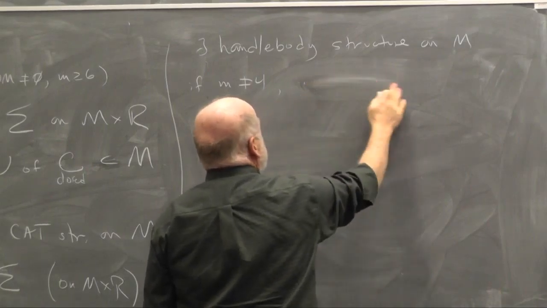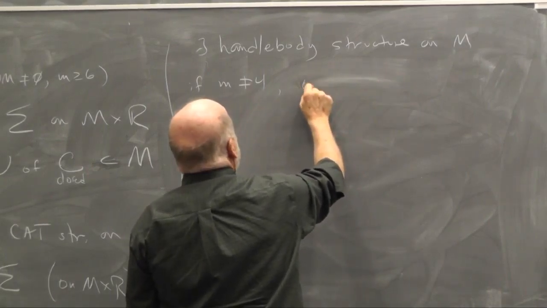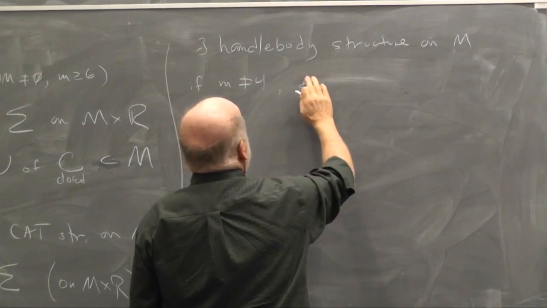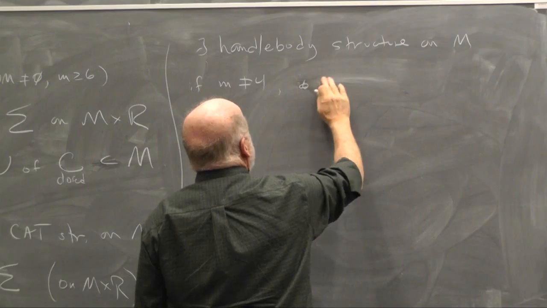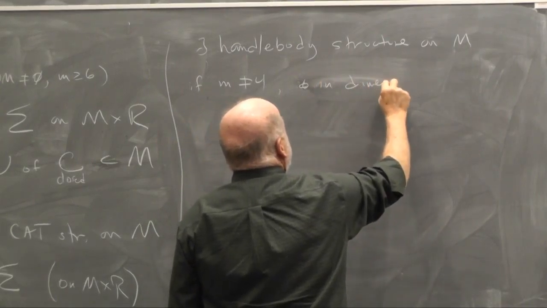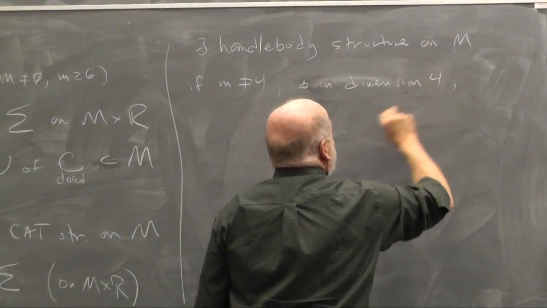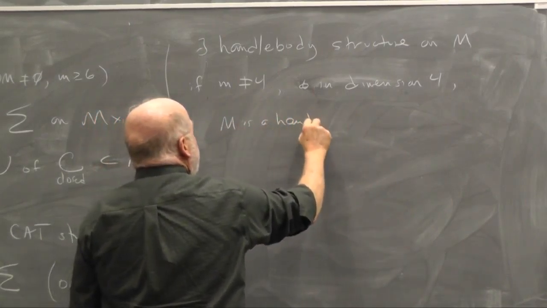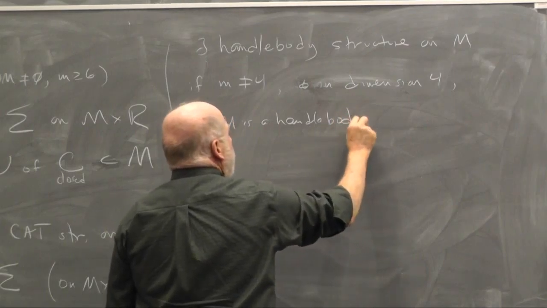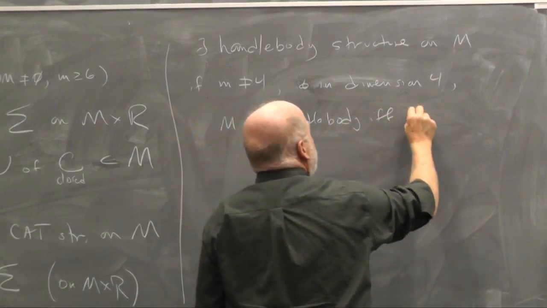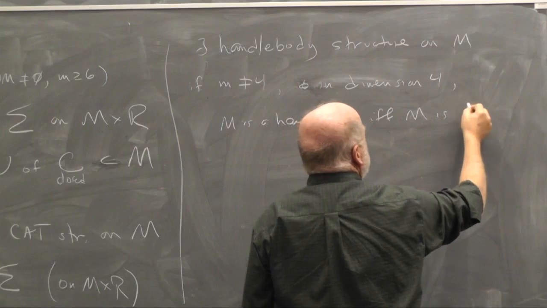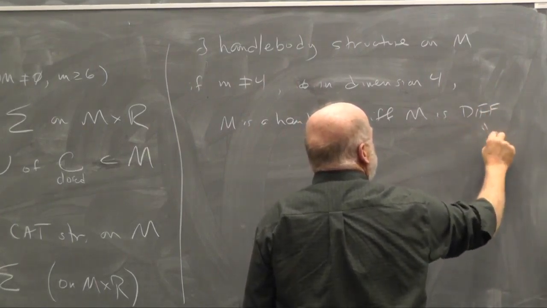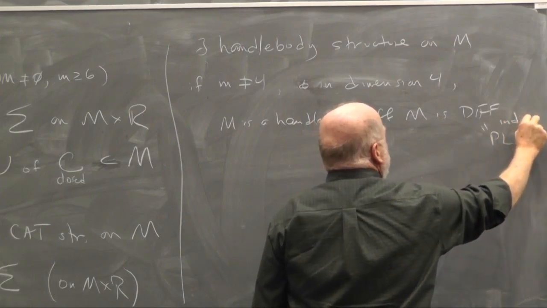Well, here's this. And in dimension 4, M is a handlebody if and only if M is smooth, is diff, which is equal to PL in dimension 4.